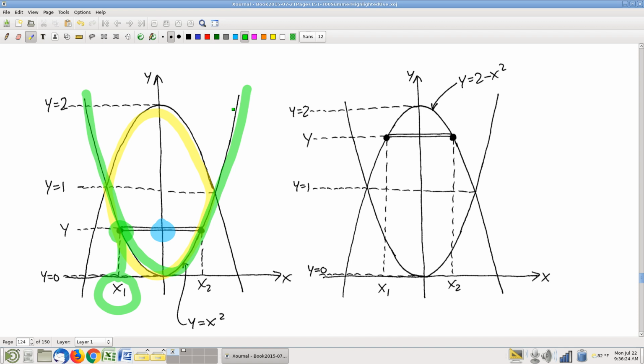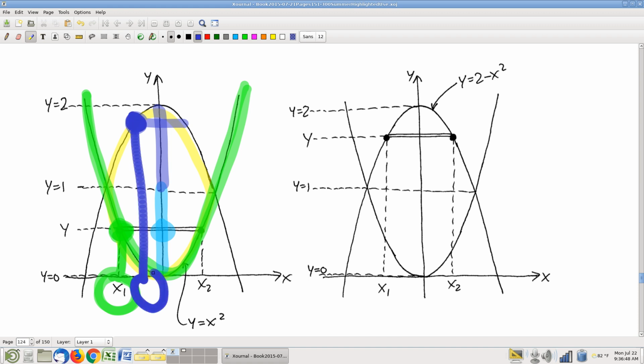So for these values of y, yeah, for those values of y, the point that determines the lower bound on x is on that curve. But really awkwardly, for these values of y, the point that determines the starting value of x is on that curve, not the green curve.